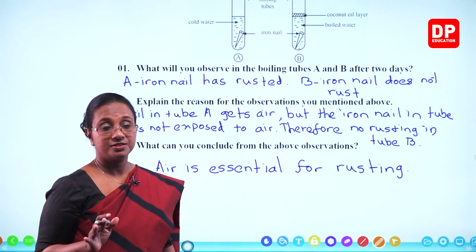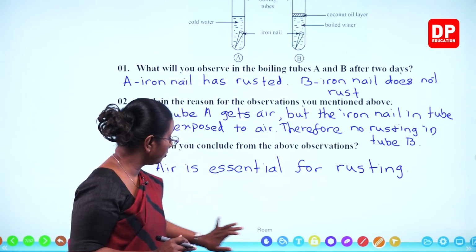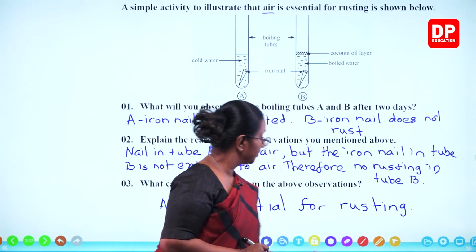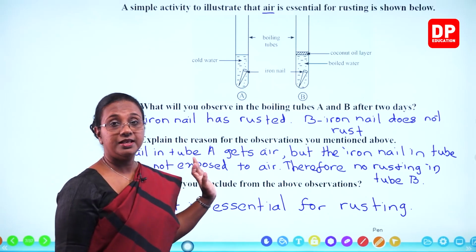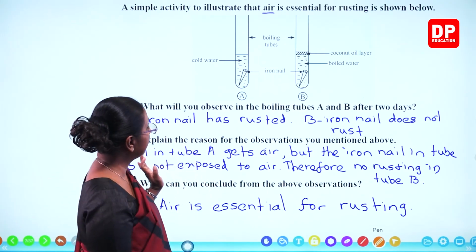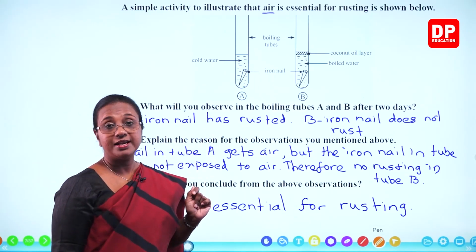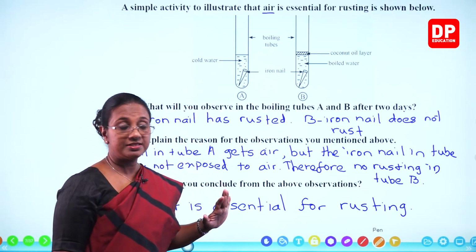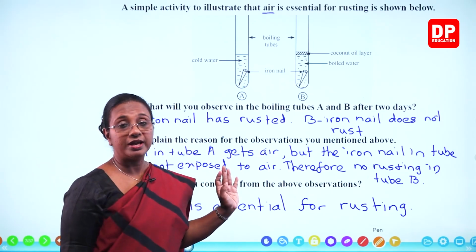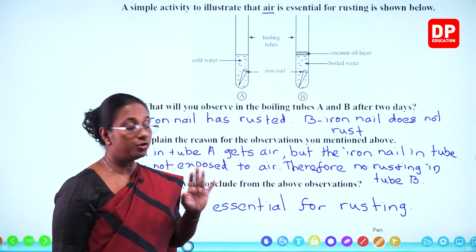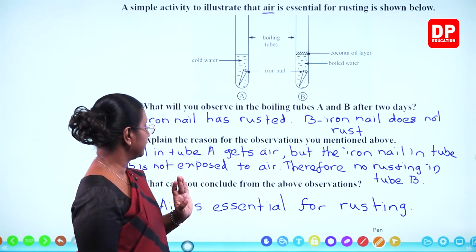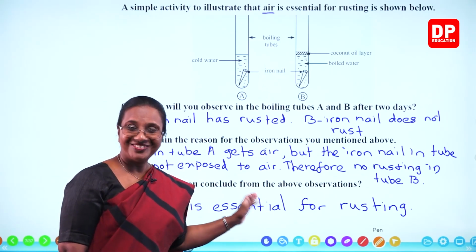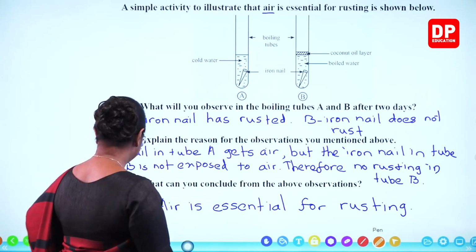Is that okay, students? So I explained the activity to you all and we have answered the questions as well. What you see is rusting of the iron nail in A, no rusting of the iron nail in B. The reason is in A there is air, there was rusting. In B there is no air, because of that there was no rusting. So from that we can conclude and say air is essential for rusting. So with that I'll move on to the next slide.